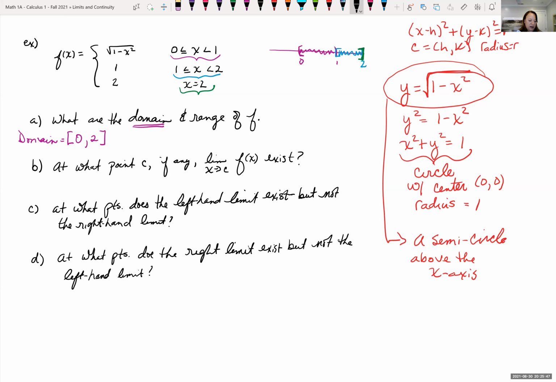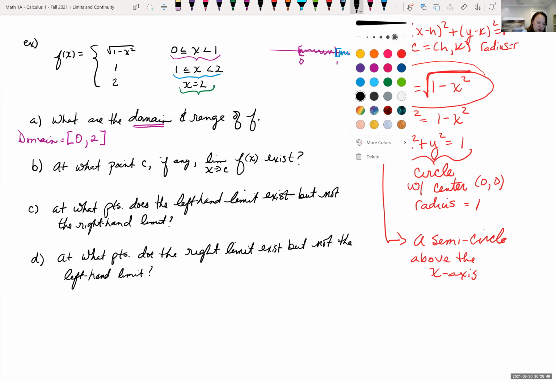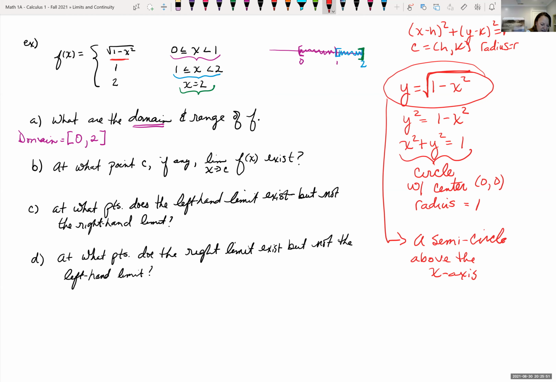So if I started to draw that first piece from 0 to 1, that actually limits it a little more, doesn't it? Because normally, like I said, first we would have a whole circle with a radius of 1. But then we limited it because of the square root, it was just positive.